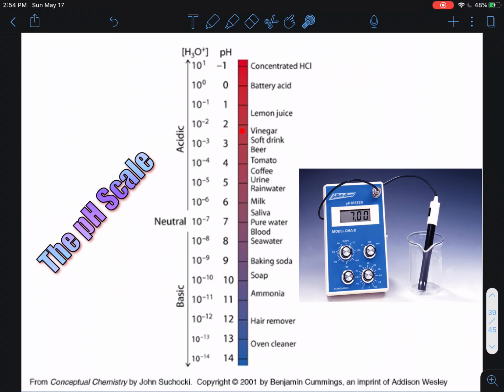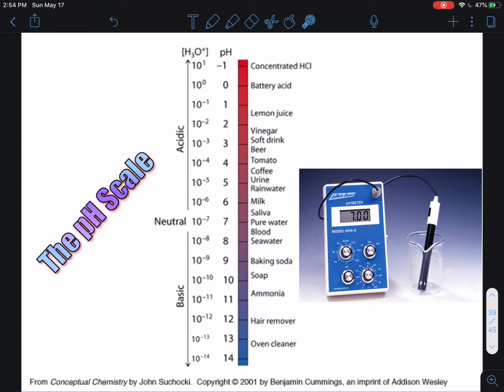And then as we decrease the hydronium ion concentration, our pH increases until we get to neutral. And then as we go down to 10 to the negative 14, that's a very small number.